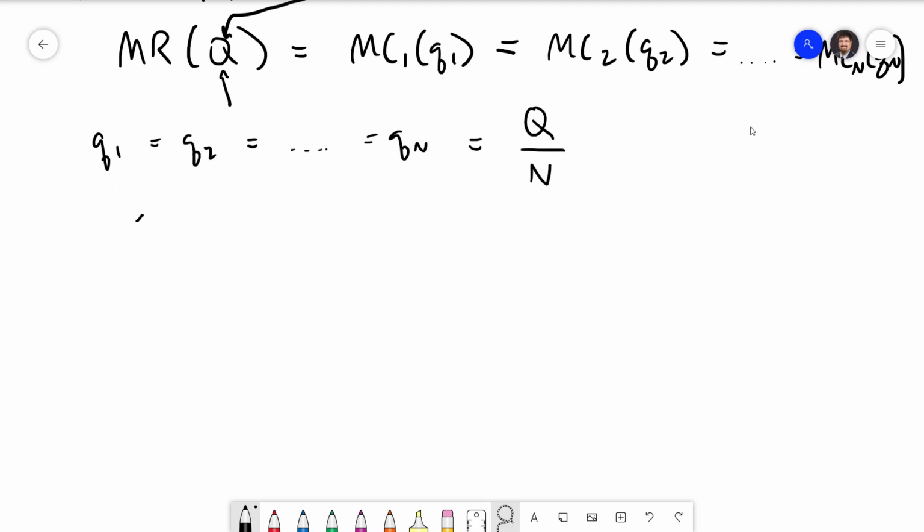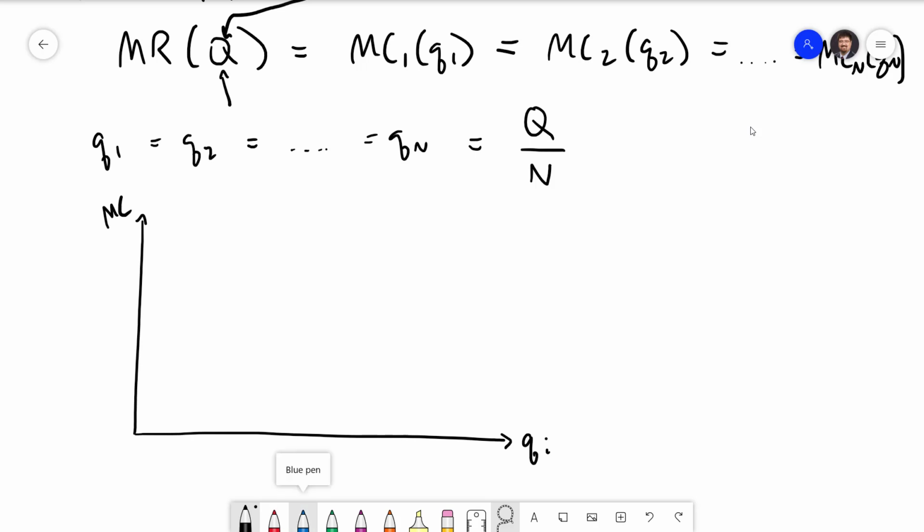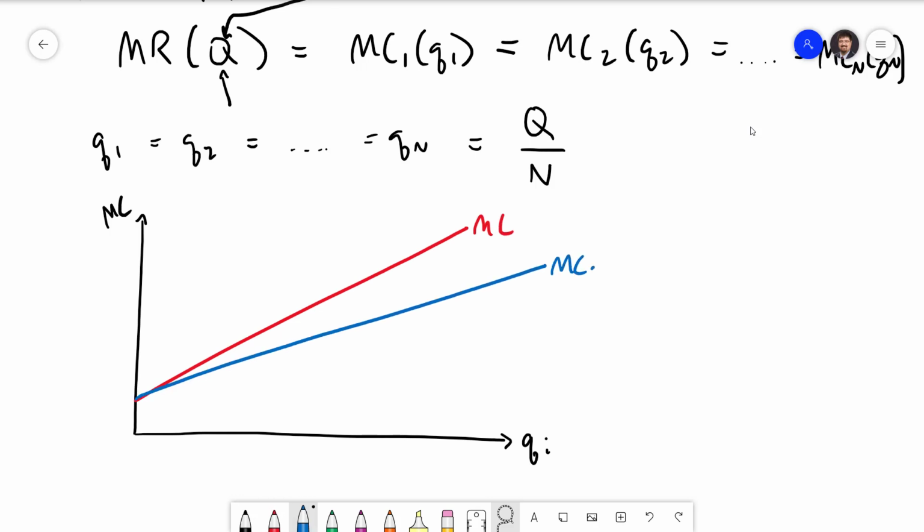So for example, suppose that we had two plants that have different marginal costs. So in plant 1, let's say our marginal cost curve looks like this, and in plant 2, our marginal cost curve looks like this. So in this example, plant 2 generally has a lower marginal cost than plant 1. We know that to maximize profit, the marginal cost in each plant is going to end up being the same.